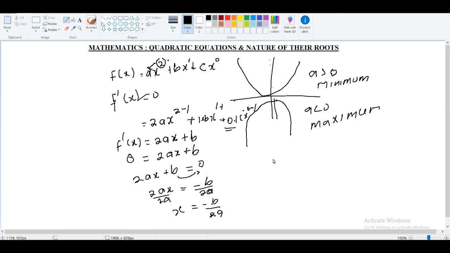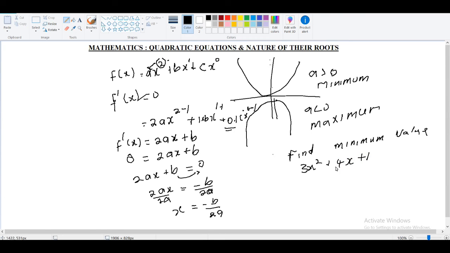Now let's find the minimum value of the expression 3x squared plus 4x plus 1.